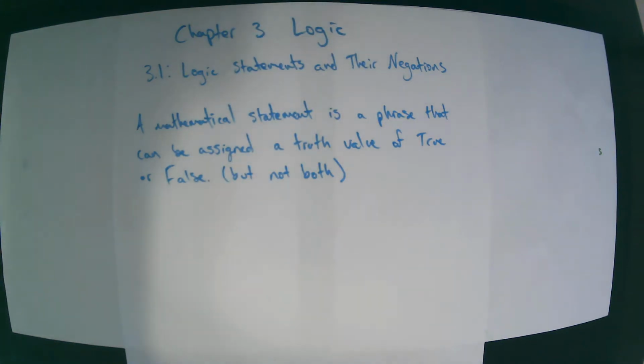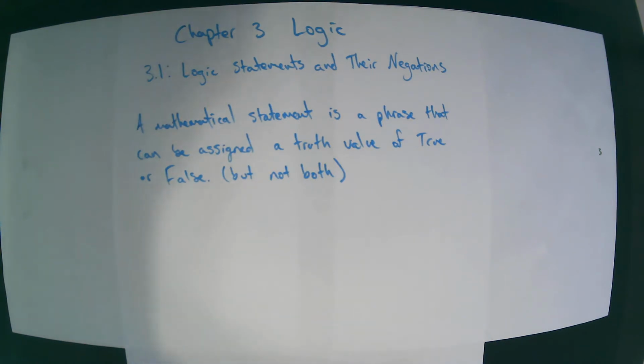So if you've ever done one of those experiments in elementary school where you're learning about the scientific method and you've got to construct a hypothesis, then you'll remember that a hypothesis should be something that can be assigned a truth value of true or false, right? You need your hypothesis to be falsifiable. That's a fancy way of saying it. It can't be an opinion. It has to be a mathematical statement.